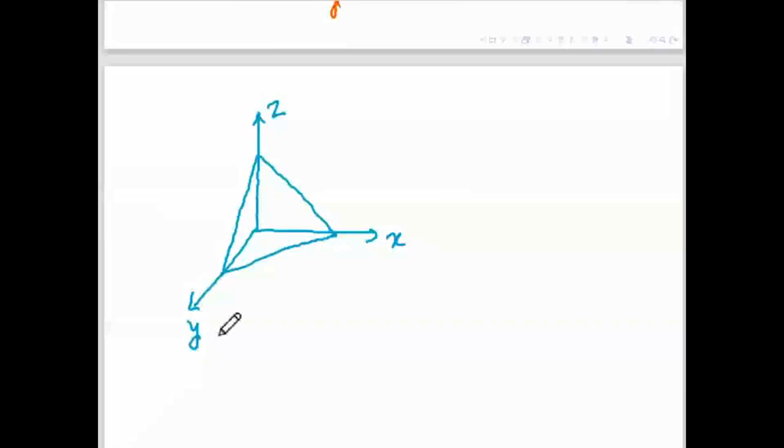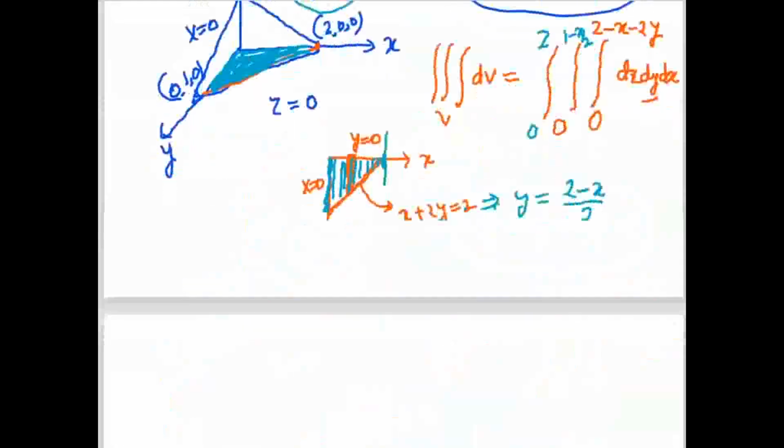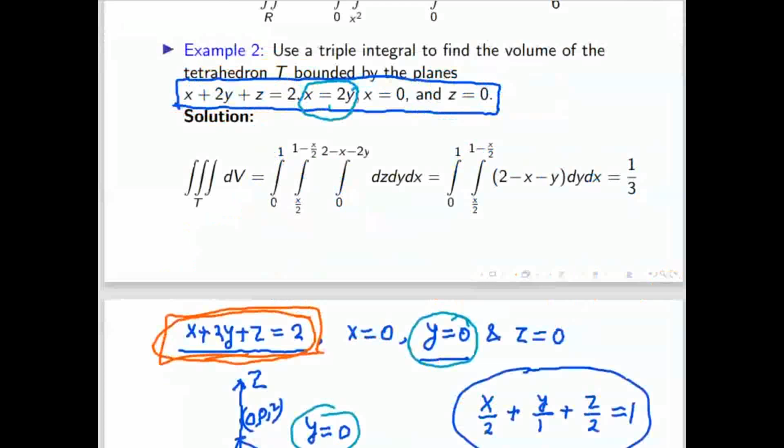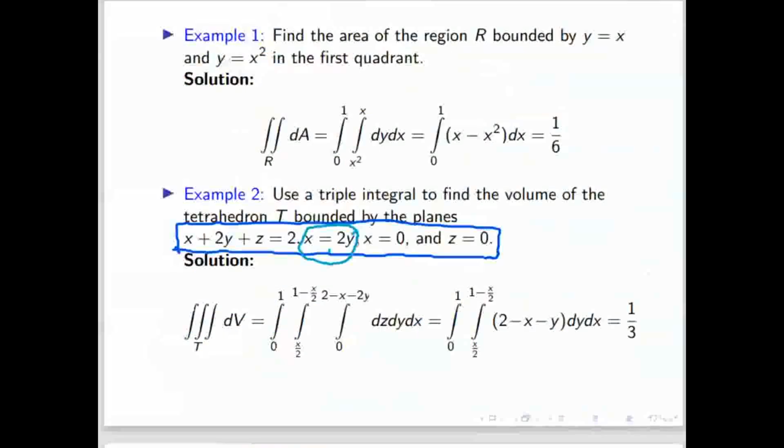So x equal to 0 means yz plane, this one, and this is z equal to 0. But this time y equal to 0 is not there. So now what is the volume covered by these three planes? One is by yz plane, one is by xy plane, another one is this plane. So one side is open, that we will cover by this plane x equal to 2y.